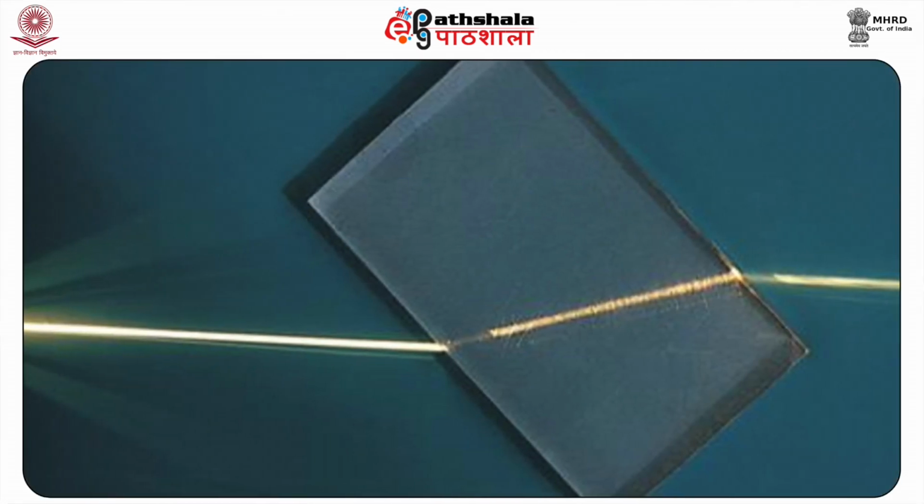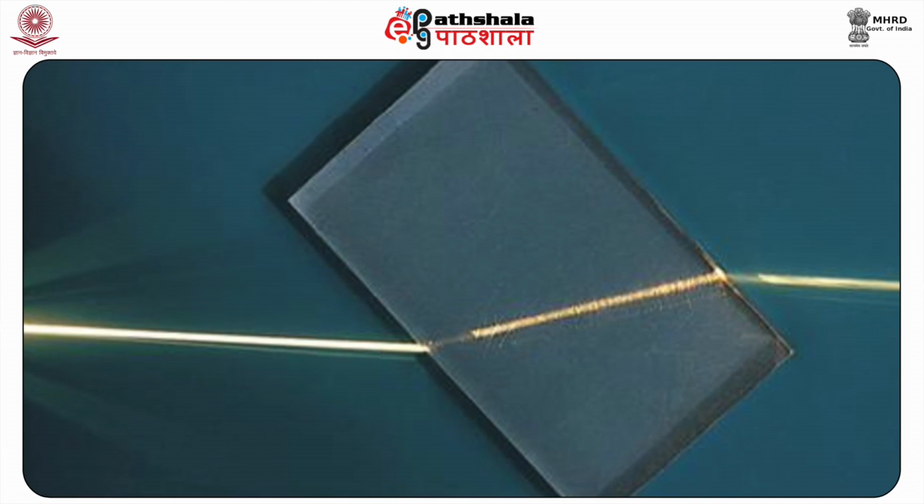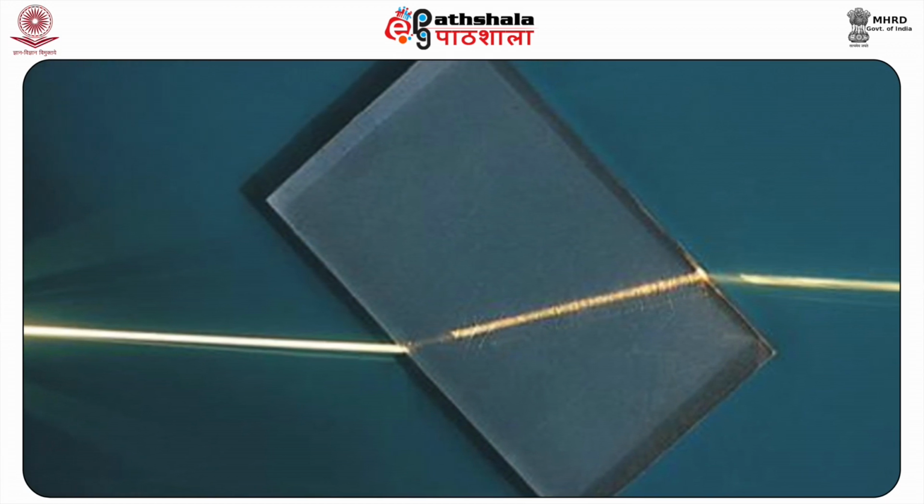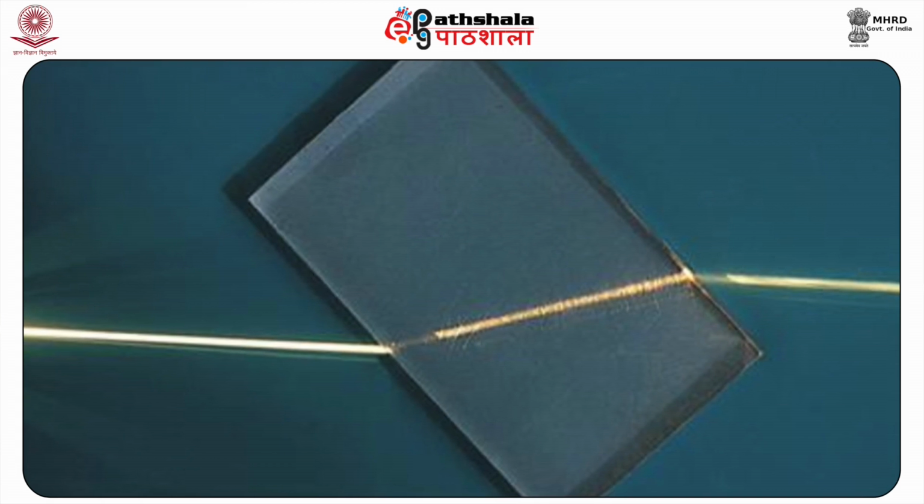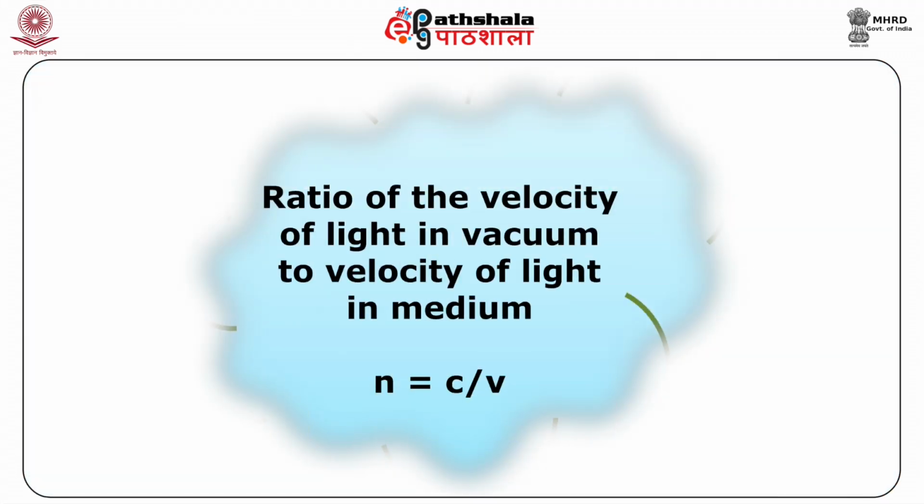Refractive index is a dimensionless quantity which is characteristic of an optical medium and is defined as the ratio of the velocity of light in vacuum to the velocity of light in the medium, that is, n = c/v, where n is the refractive index of the medium, c is the velocity of light in vacuum, and v is the velocity of light in the medium.